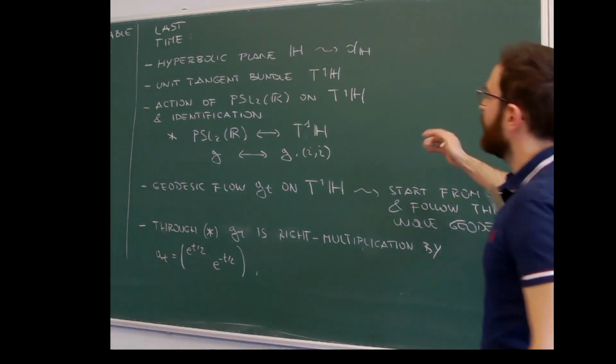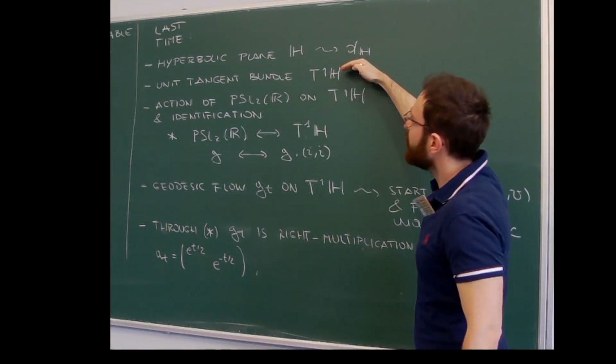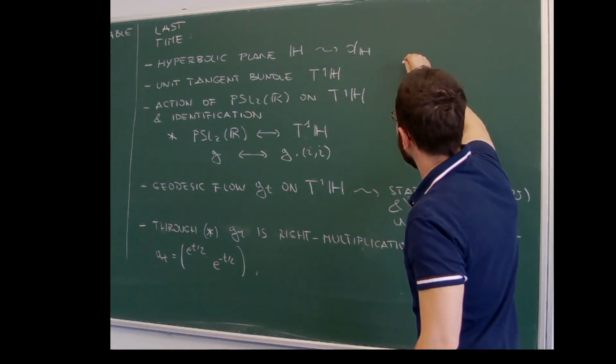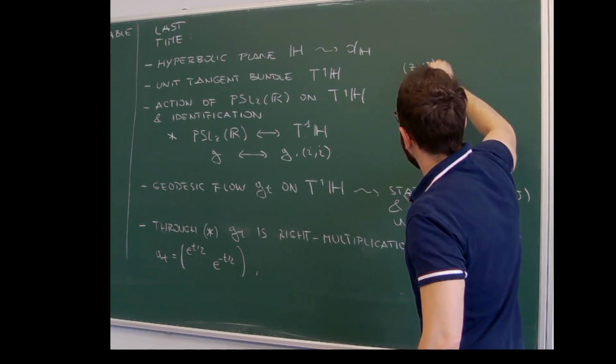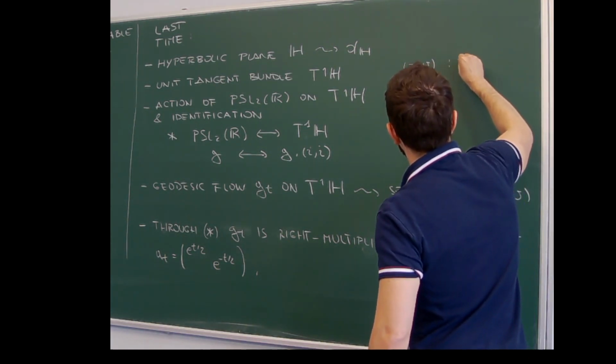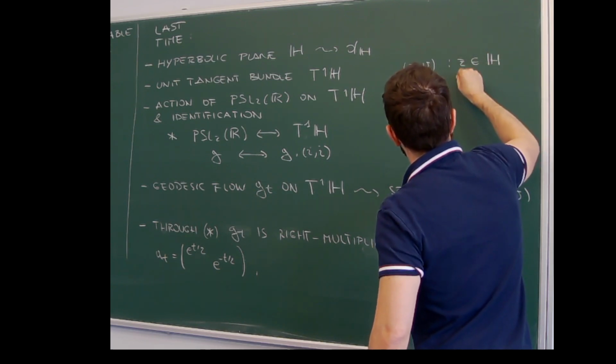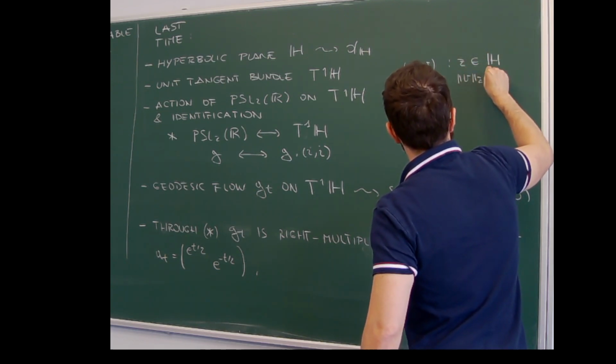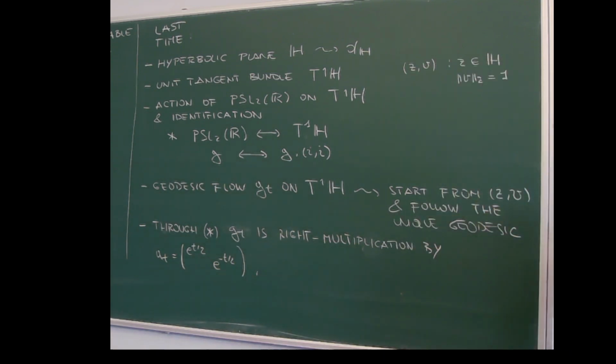Okay, so, and I introduced the hyperbolic plane, the unit tangent bundle, which is essentially the set of couples Z, V, where Z is in H and the length of V is equal to 1, the hyperbolic length.